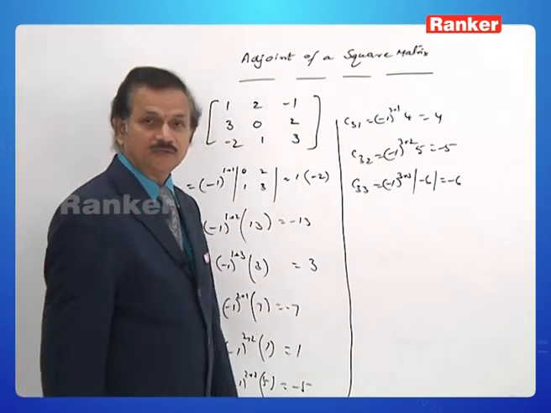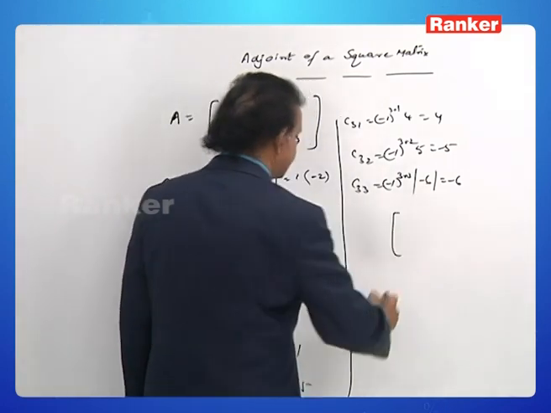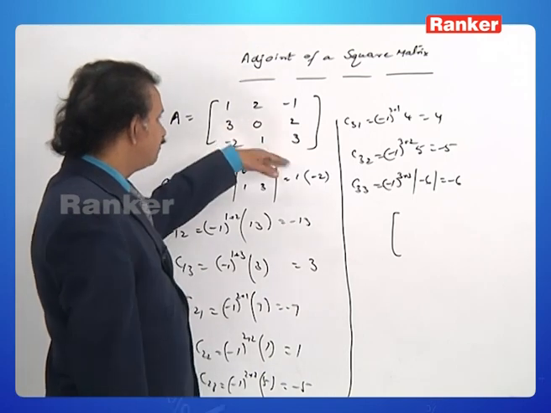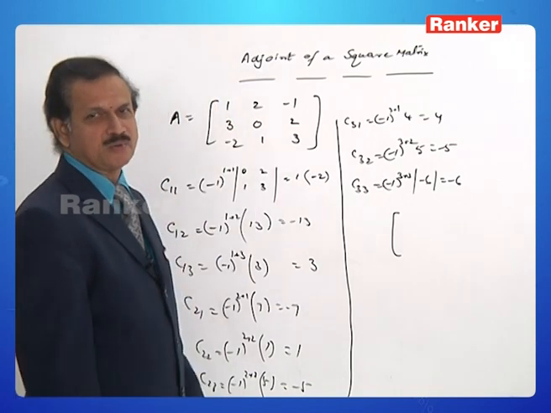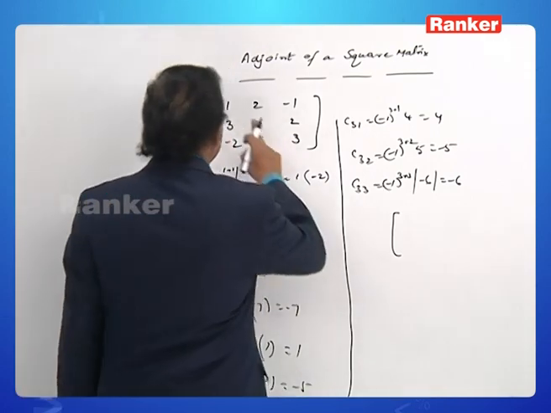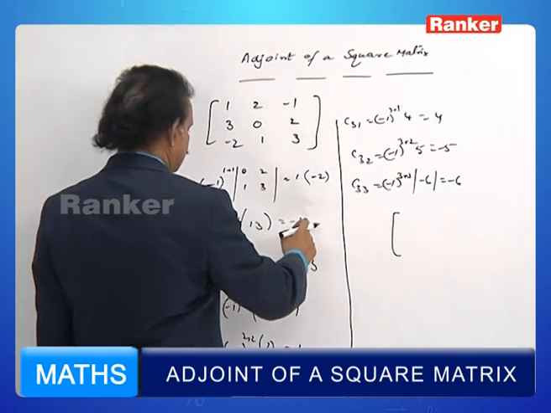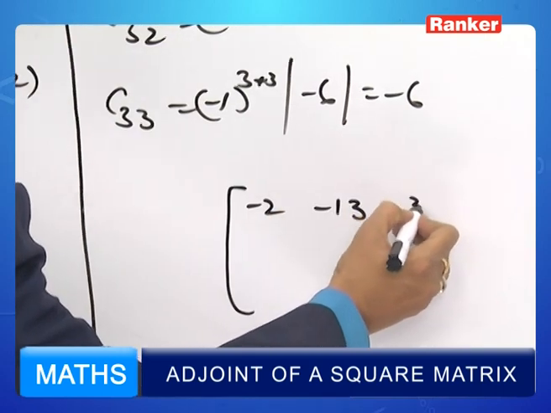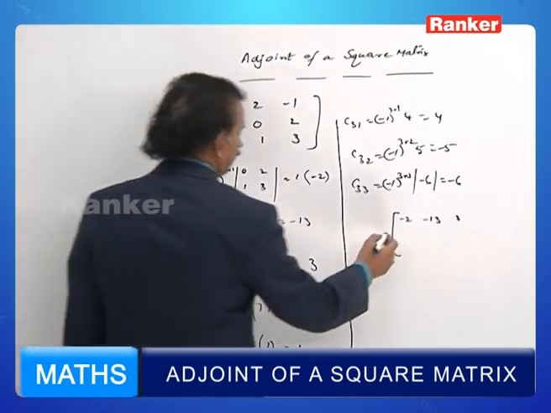Well, my dear, the cofactors of all the elements are before us. Now, try to form a matrix with all cofactors, that is the matrix obtained by replacing the elements of A by their corresponding cofactors. First row, 1, 2, -1. Their cofactors are -2, -13, 3. Second row, -7, 1, -5.